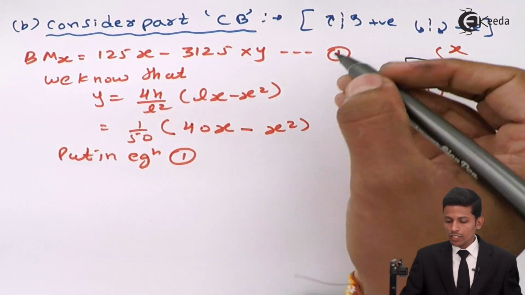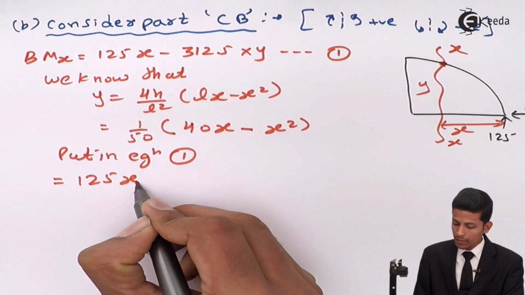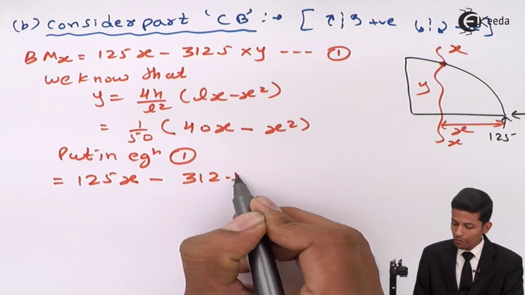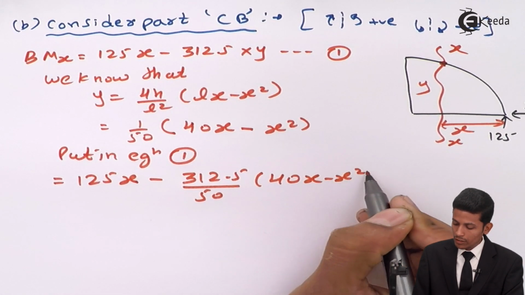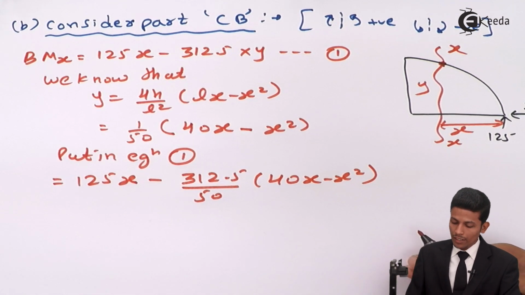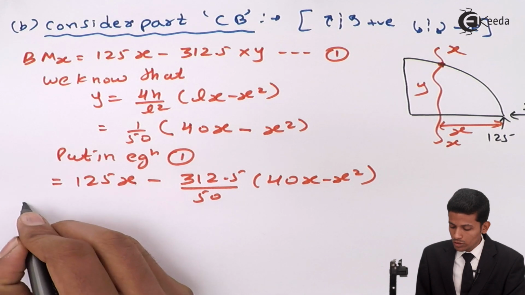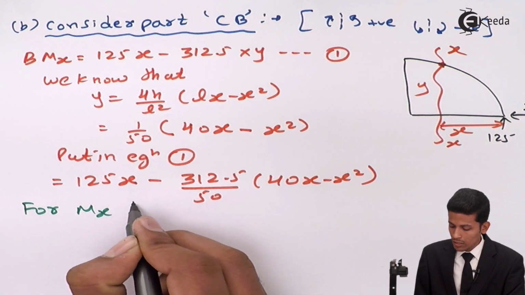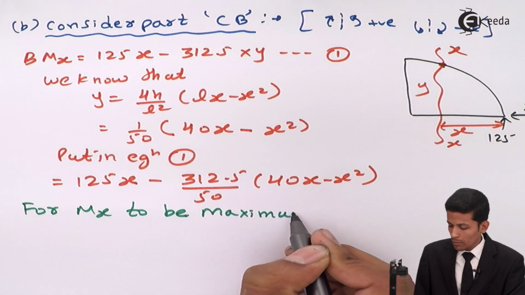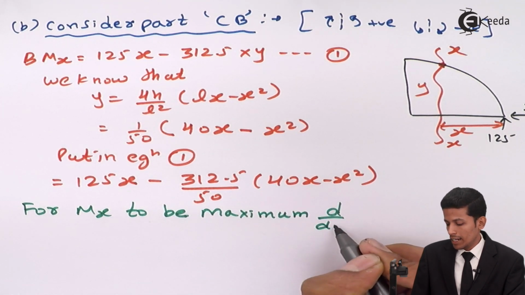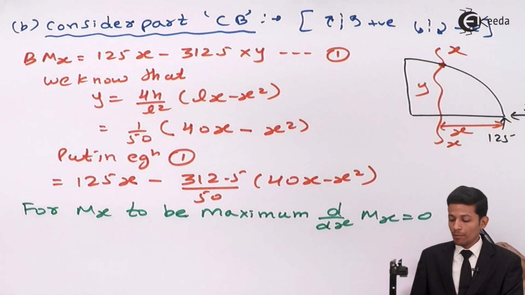So 125x minus 312.5 divided by 50 into 40x minus x square. Now for Mx to be maximum, as you all know, d by dx of Mx is equal to 0.